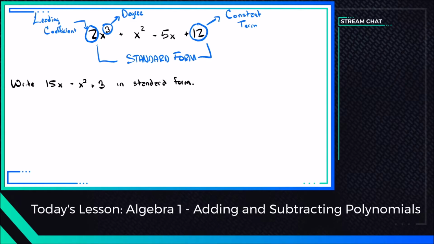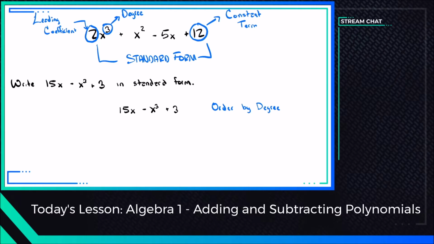So I'm going to rewrite this polynomial, 15x minus x cubed plus 3, and we're going to identify the degree of every one because our goal is to order them by degree, from the largest degree to the smallest degree.